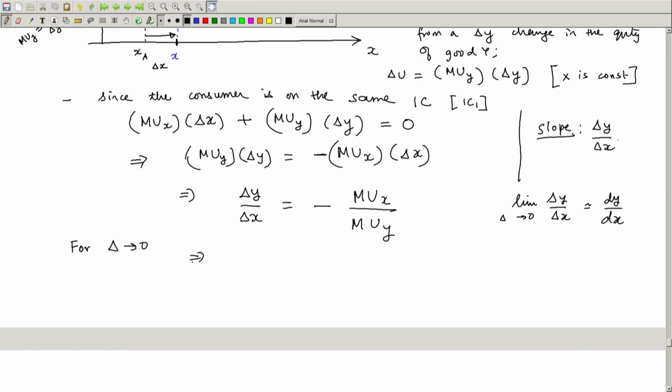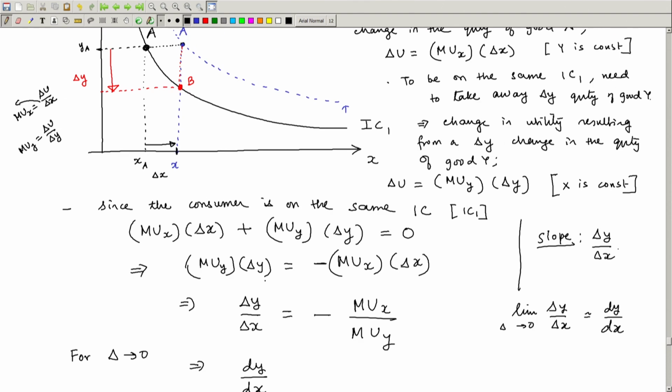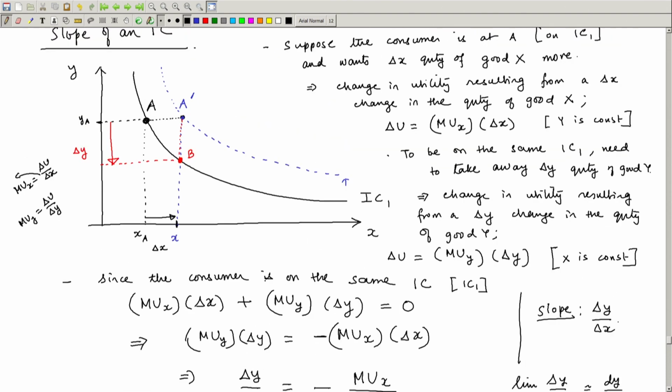So, essentially my slope now is dy dx. I started with a discrete change, and as I let the delta x tend to 0, I am essentially pushing the point B closer and closer to point A. So, eventually in the limit I will get the tangent to the curve at the point A.